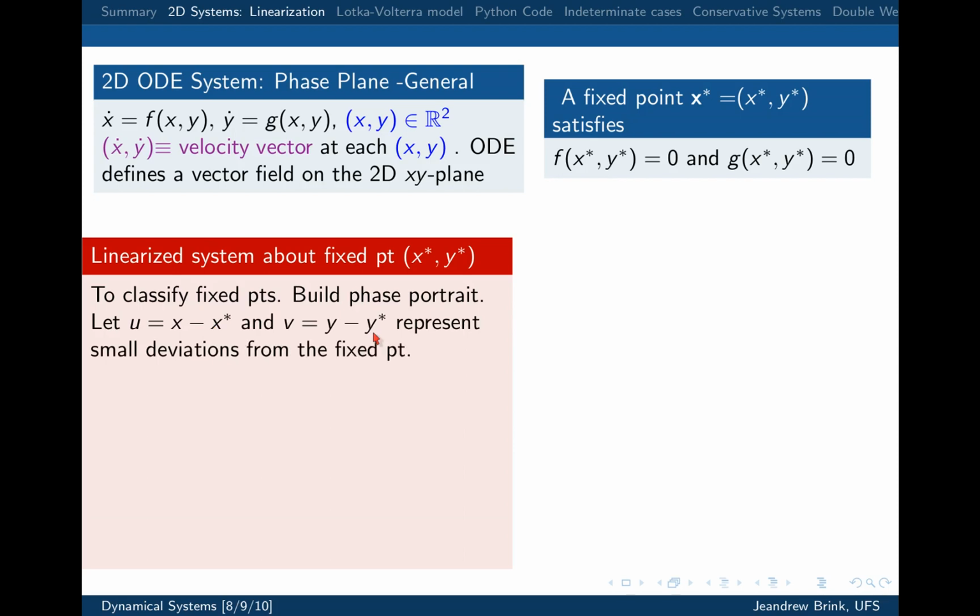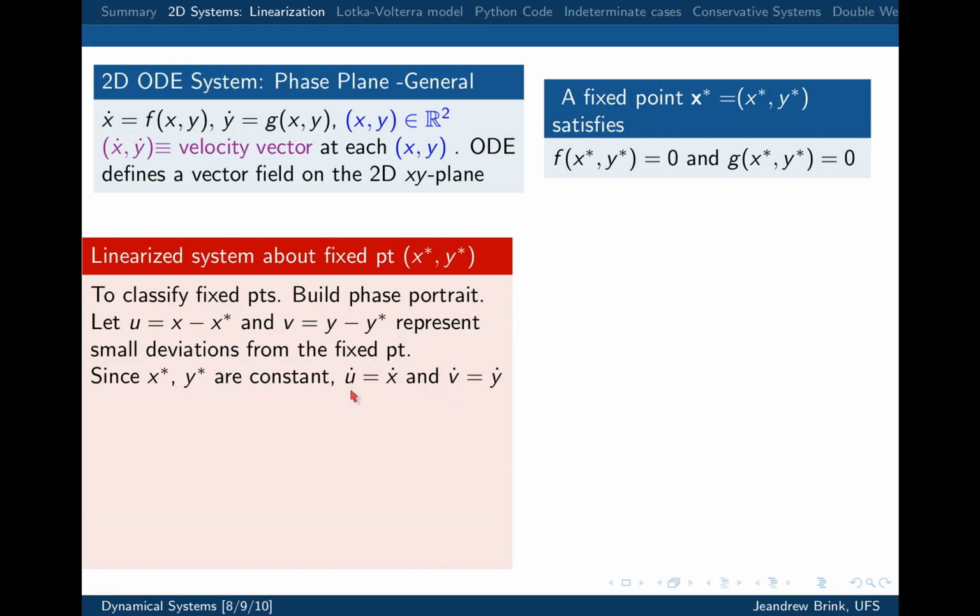Since x star and y star are constants, in other words, it's a particular fixed point we are working with, we can say that u dot equals x dot, and v dot equals y dot.